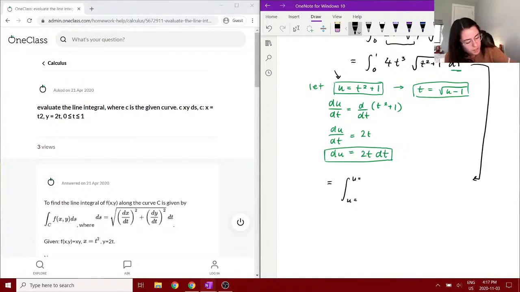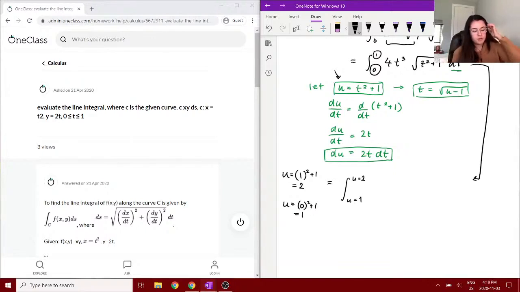For the top bound, t is 1, so we have 1 squared plus 1, and that is just 2. So u equals 2. And on the bottom bound, we have 0 squared plus 1. So that just means u equals 1 on the bottom bound.